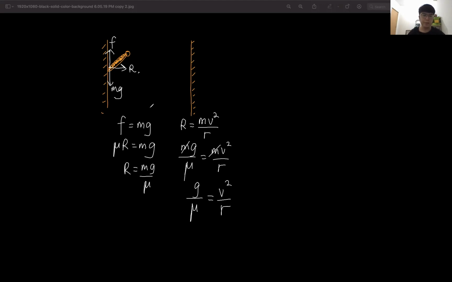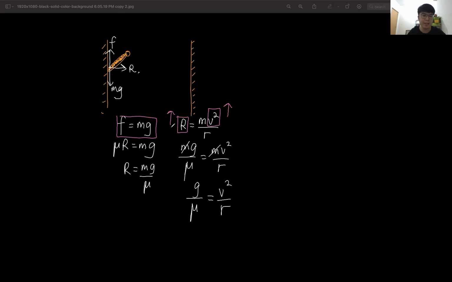You see, if you want to maintain a circular motion, your speed v must be large so that your reaction is also high, that it equals mg, right? So we discussed that. The reaction must be high so that the friction is large to balance the weight, right? How fast you should be moving at?